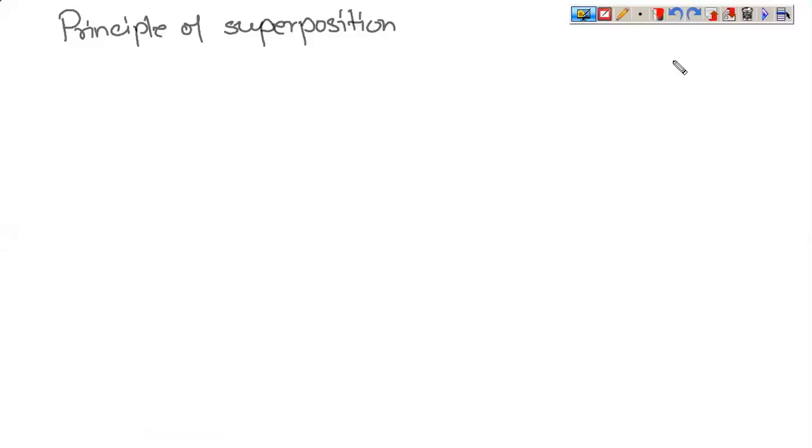So now the next concept that comes into picture is the principle of superposition. The principle of superposition is a specific type of case of bars in series where, let us say, you have this bar and you have different forces acting on it at different locations.